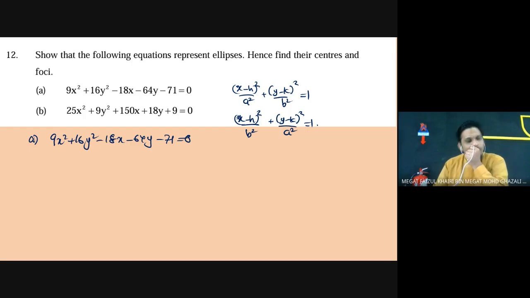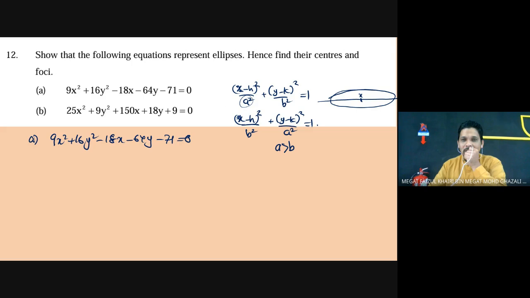Class, if you refer to your lecture notes, it stated there that a is always greater than b. So if a is below the x, you are going to get a horizontal ellipse with a major axis of x.